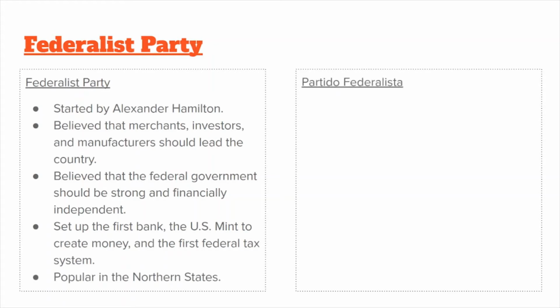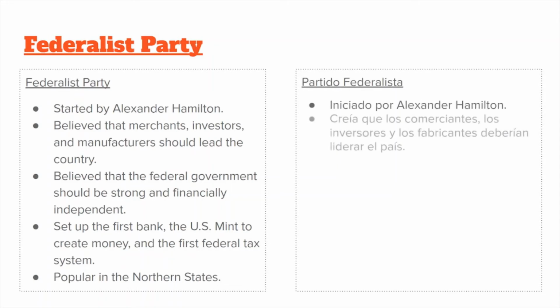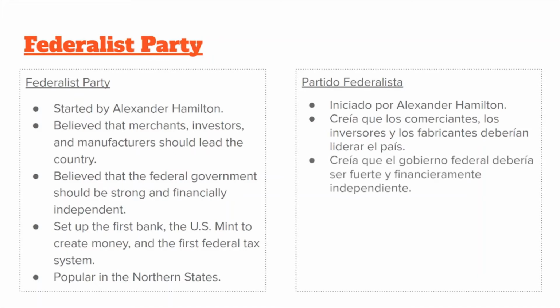Este es el Partido Federalista, iniciado por Alexander Hamilton. Creía que los comerciantes, los inversores y los fabricantes deberían liderar el país. Creía que el gobierno federal debería ser fuerte y financieramente independiente.